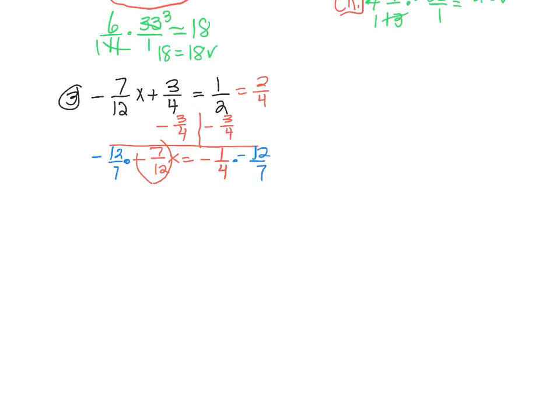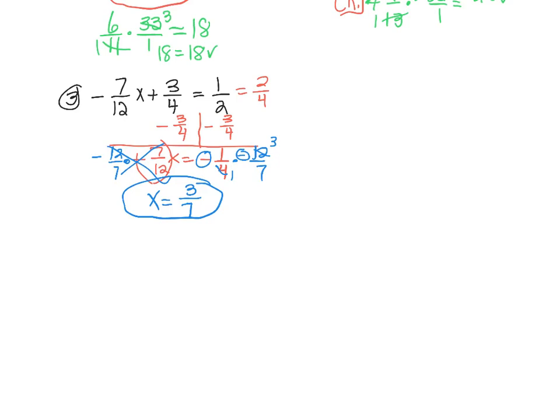Look, these all cancel out. I'm left with x equals, negative times a negative is a positive, 4 goes into 12, that's a 1, that's a 3, and I get the answer 3/7.